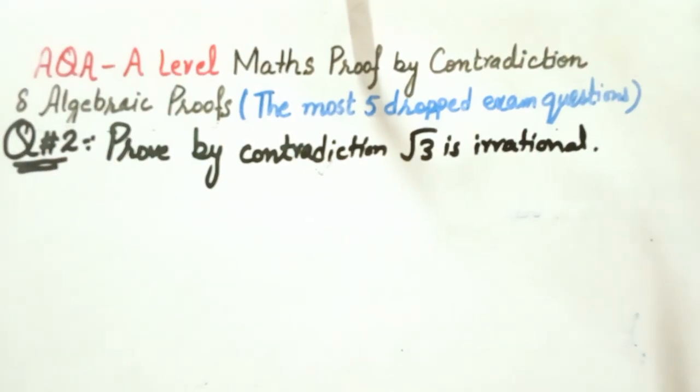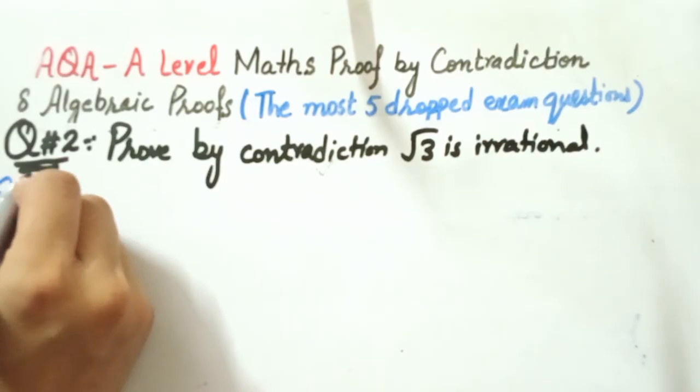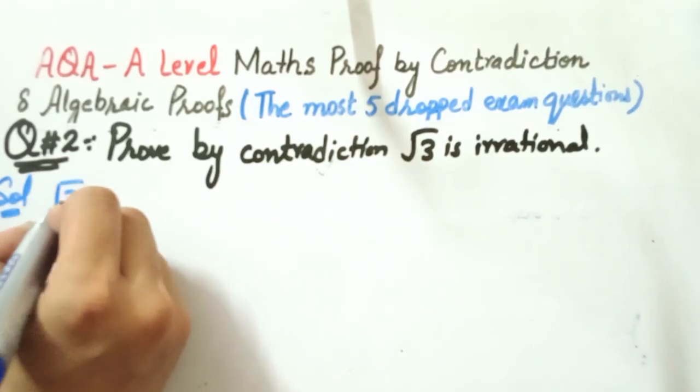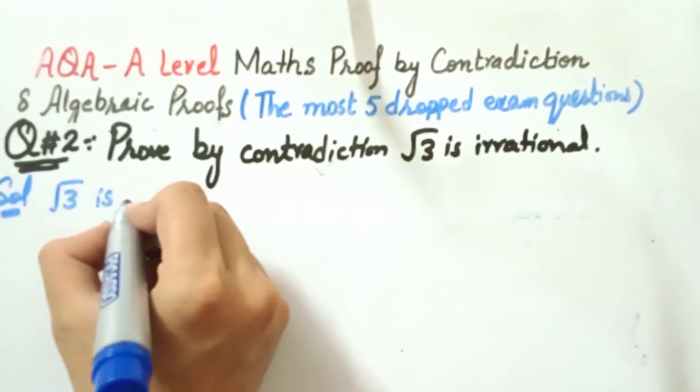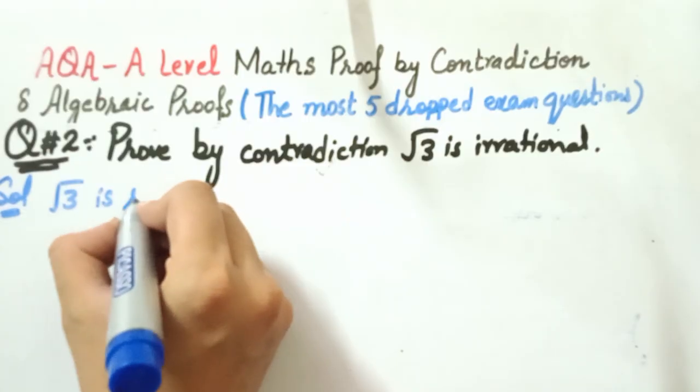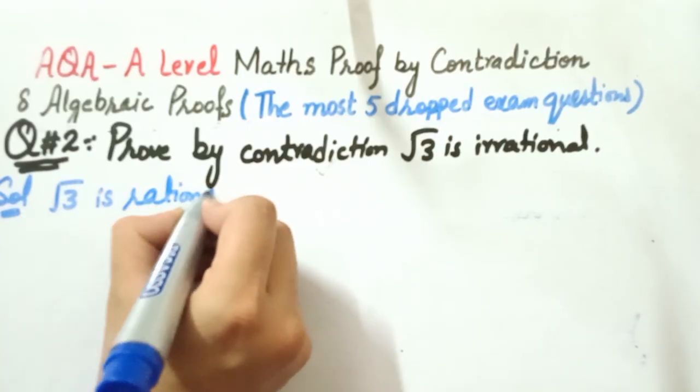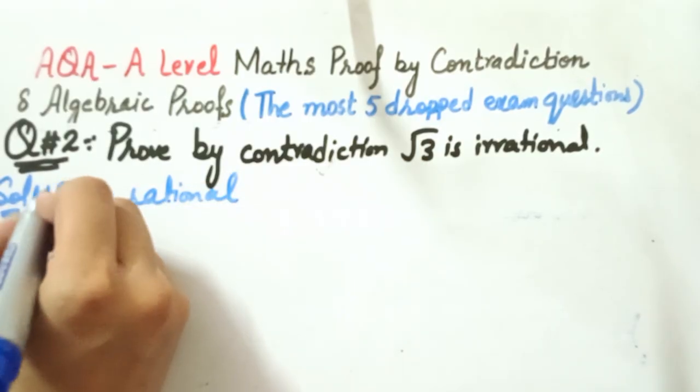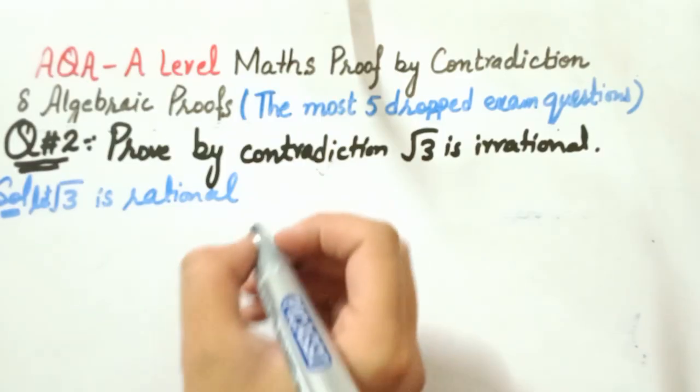So how we will solve this? First of all, we will consider root 3 as rational, and in the start write let root 3 be rational.